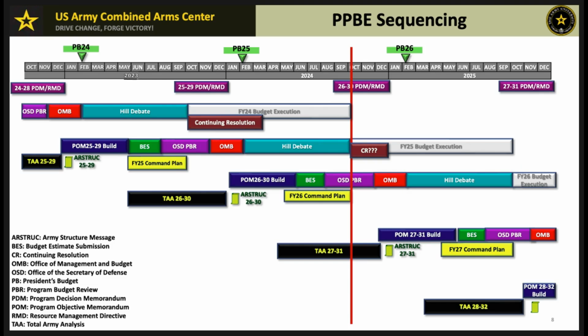Another critical observation is that while we're currently conducting TAA, we are making decisions about the Army of 2031. Though 2031 may seem far away, decisions made today will shape the Army's structure in that year.